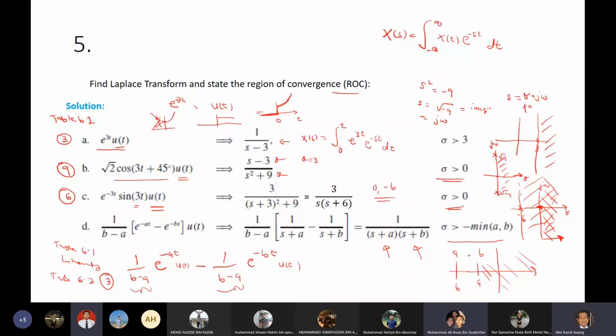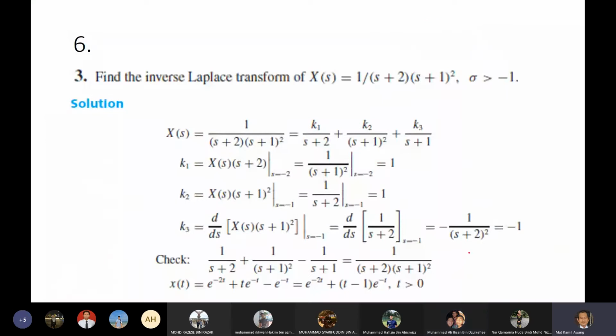Yes, sir. Okay. Find the inverse Laplace transform for X of s equal to 1 over s plus 2 times s plus 1 squared, where the region of convergence is gamma greater than minus 1.